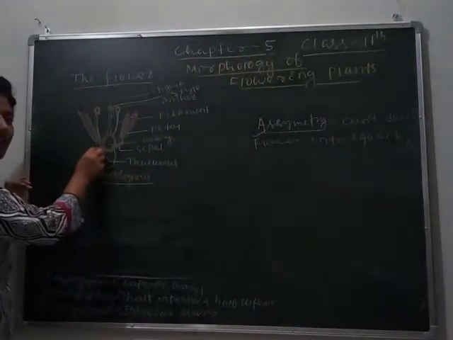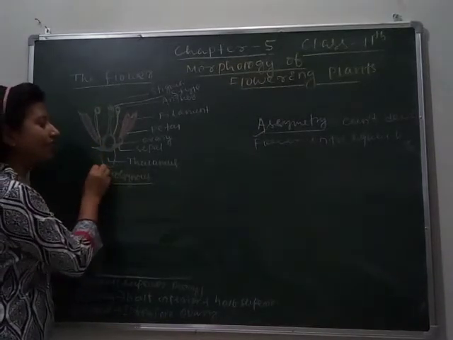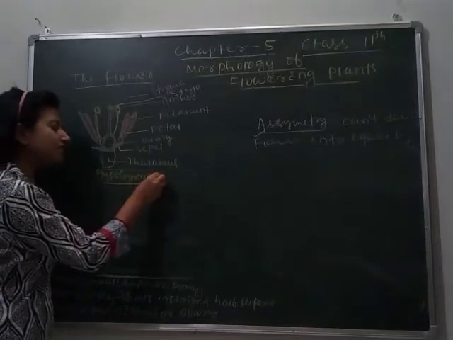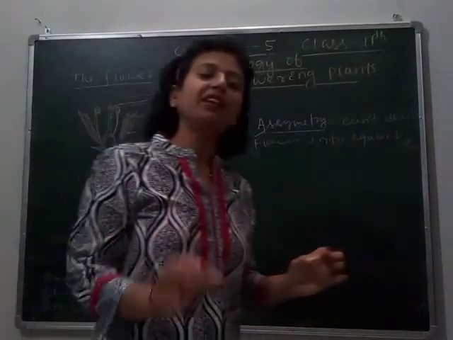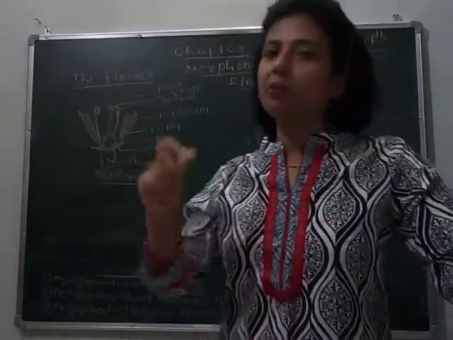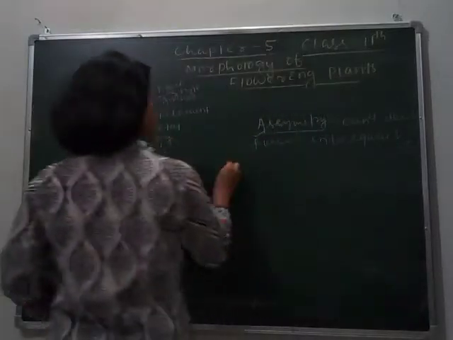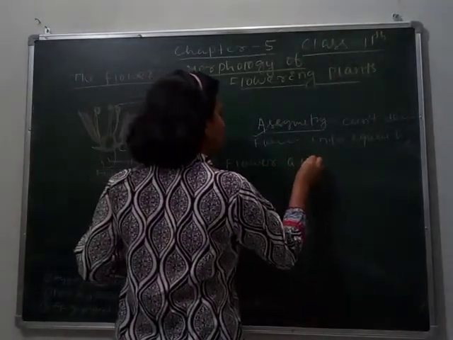Here the diagram I draw shows the hypogynous type of ovary. Let's understand what is hypogynous. Hypogynous means the position of ovary is above the other floral appendages. Floral appendages, here comes another question.